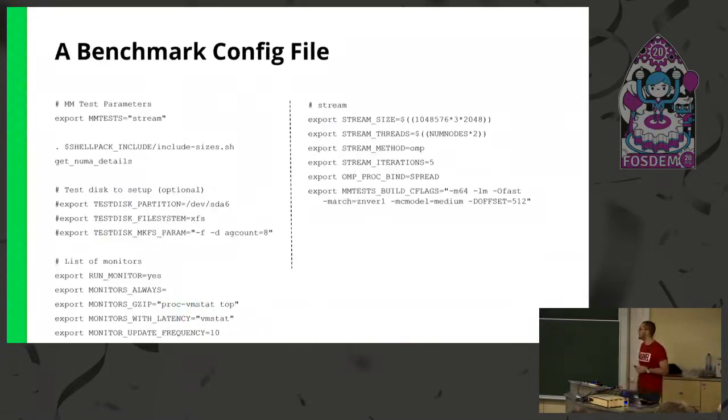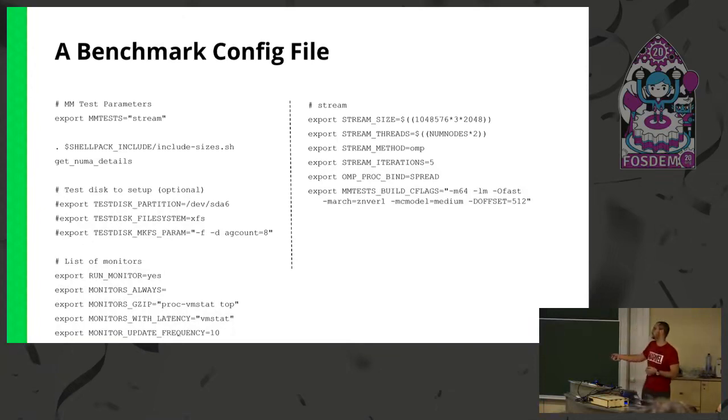This is an example of a configuration file. It's just a collection of Bash exported variables. Of course, there are some, like this one here, which are more or less common to all the benchmarks. This is the monitors that I was saying before. You can choose which one you want to be active while running the benchmark. And there are some others which are specific for the benchmark.